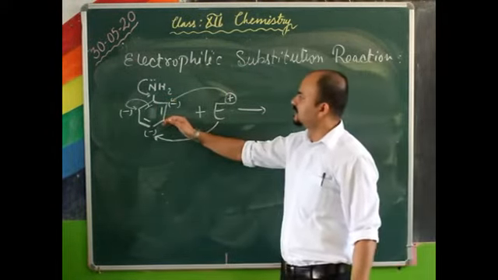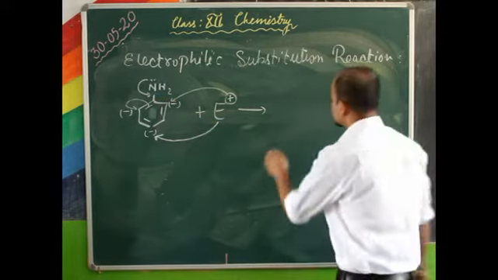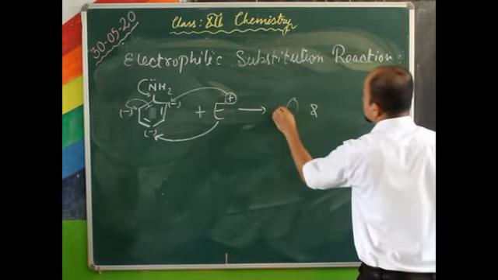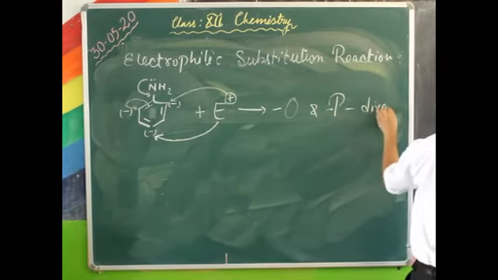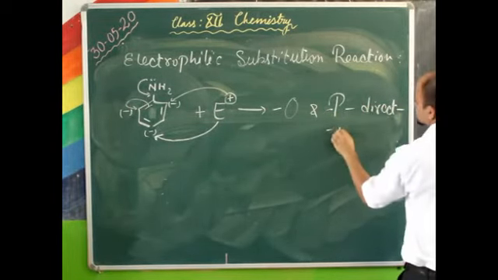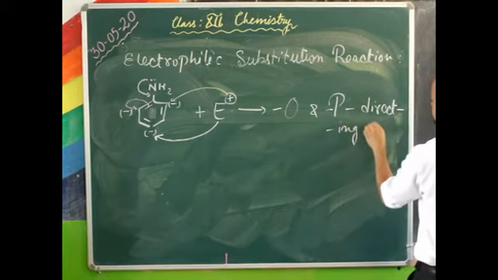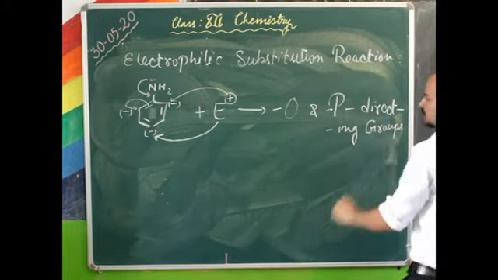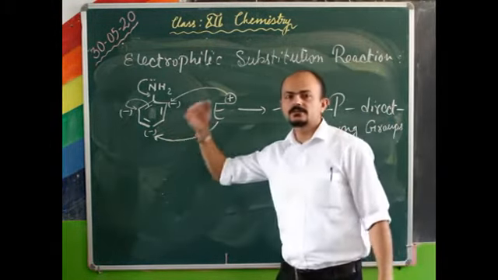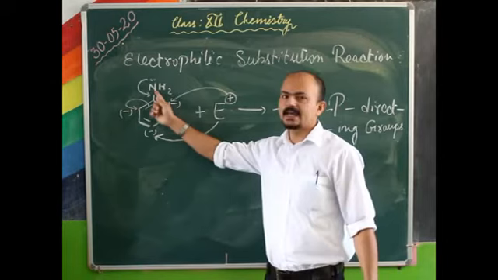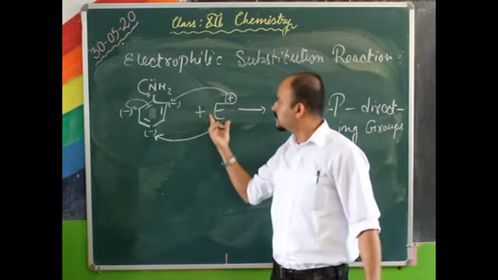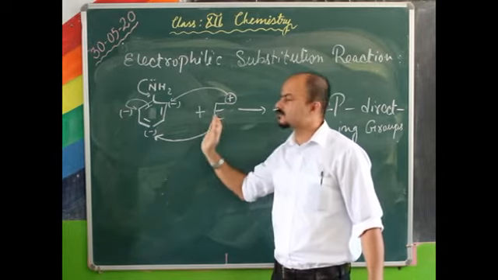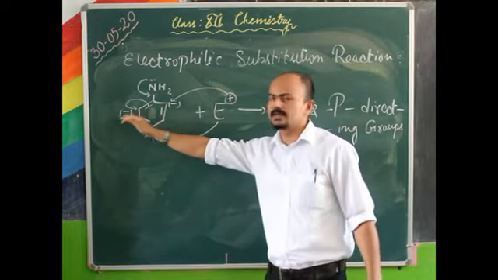Therefore, aniline is ortho and para directing. Okay? So don't forget this. Whenever you have an electron donating or electron releasing group like this, it will always attract the incoming electrophile either to the ortho position or the para position.